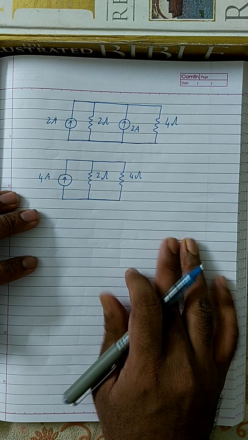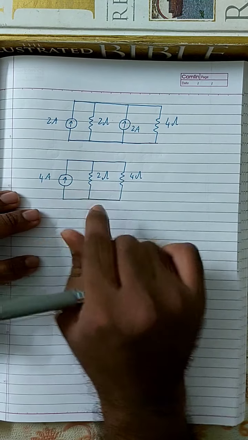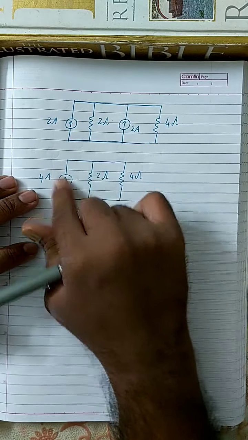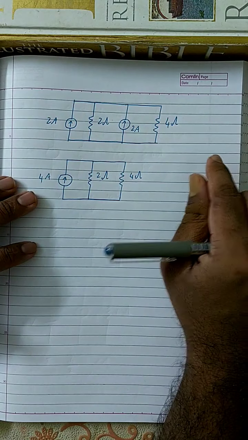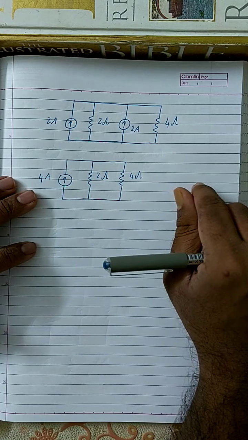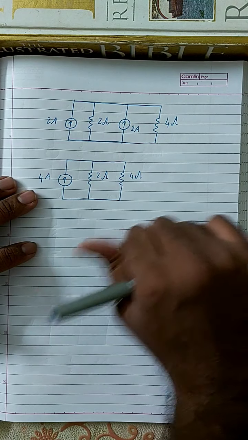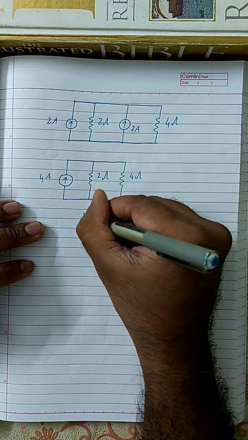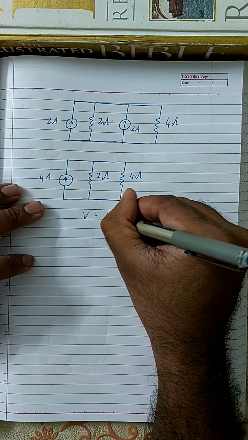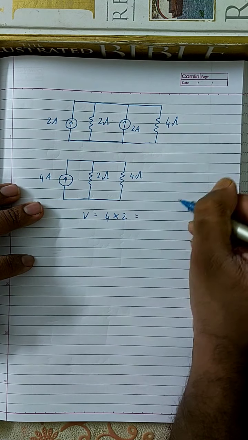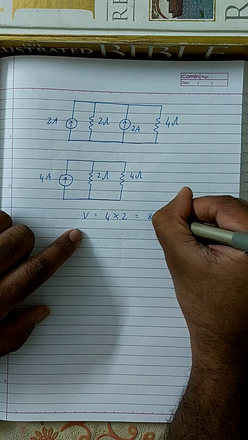Now I can apply source transformation to this network. A current source with a parallel resistor is equivalent to a voltage source with a series resistor. The voltage source is I into R, so 4 ampere into 2 ohm is equal to 8 volt.